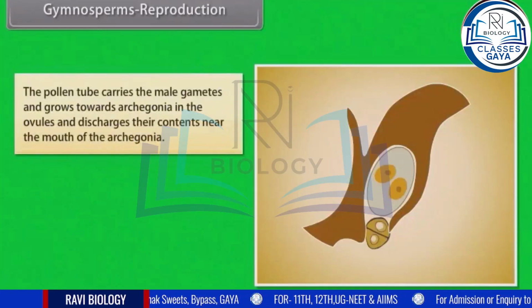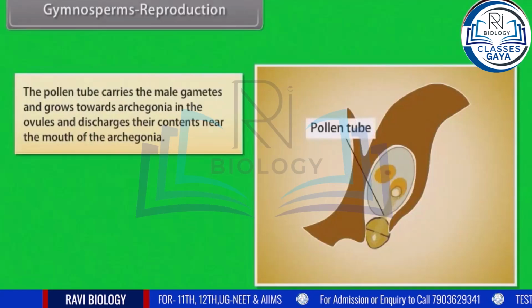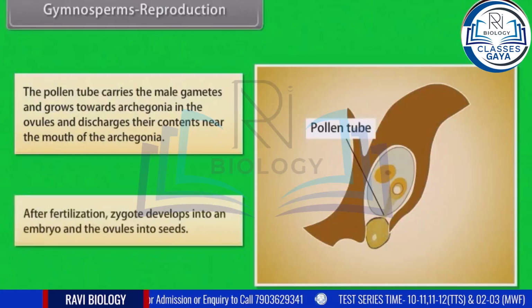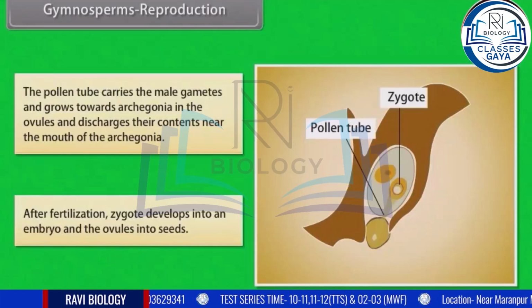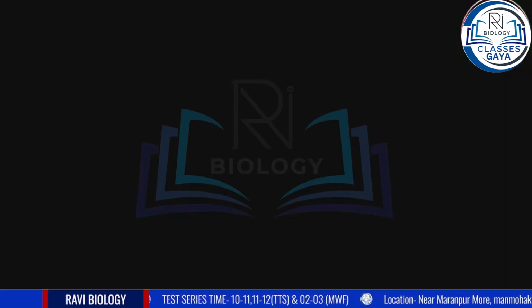The pollen tube carries the male gametes and grows towards archegonia in the ovules and discharges their contents near the mouth of the archegonia. After fertilization, the zygote develops into an embryo and the ovules into seeds.